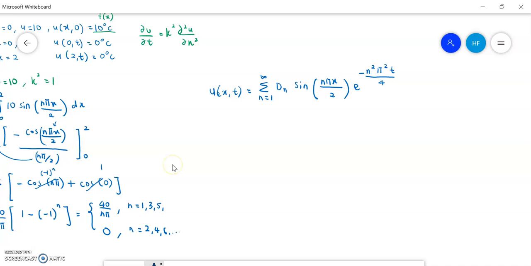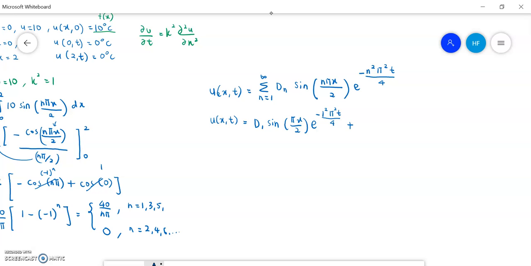Now we expand this u(x, t). When n equals 1, this will be D1 sin(πx/2) times e to the power of negative 1 squared π squared t over 4.